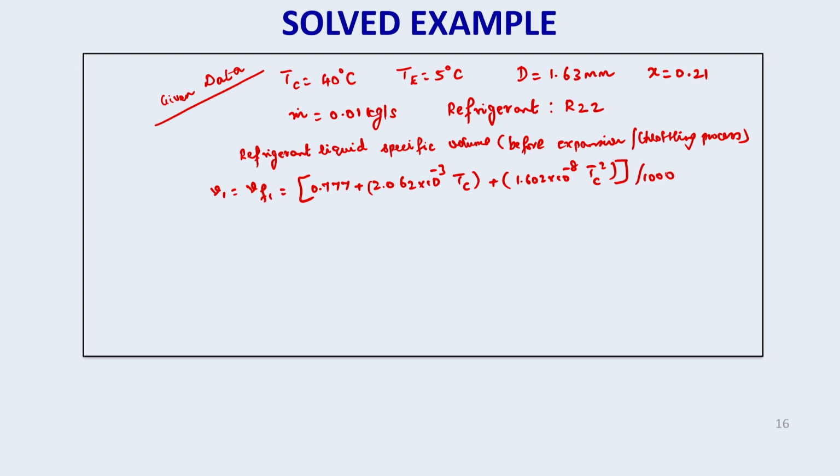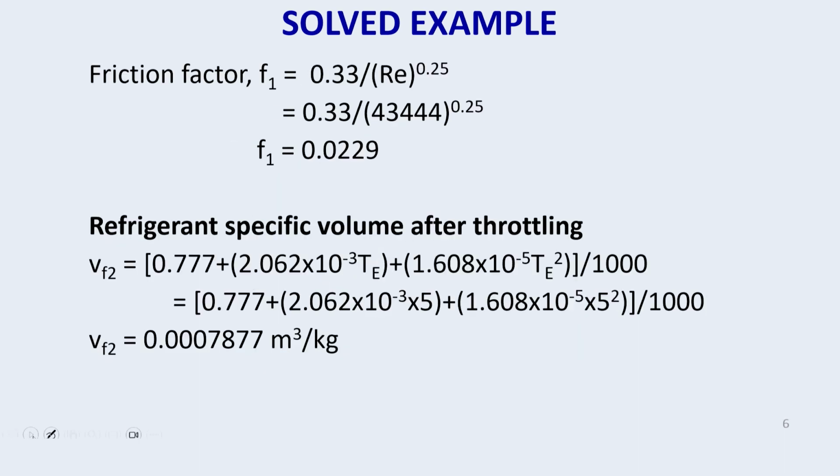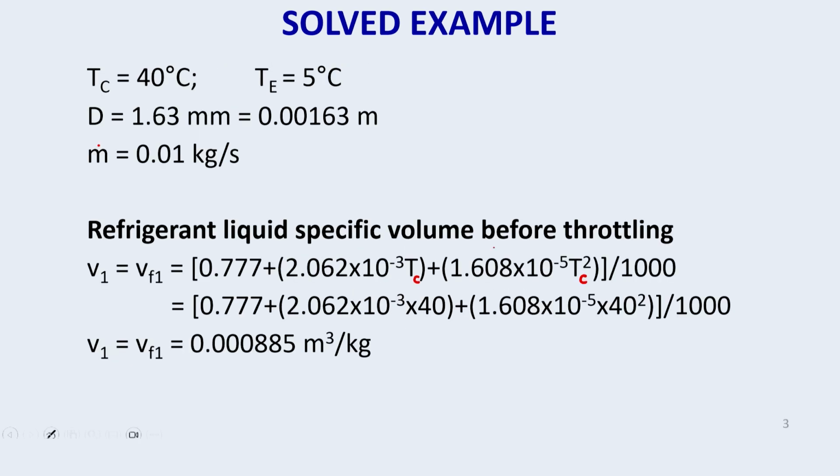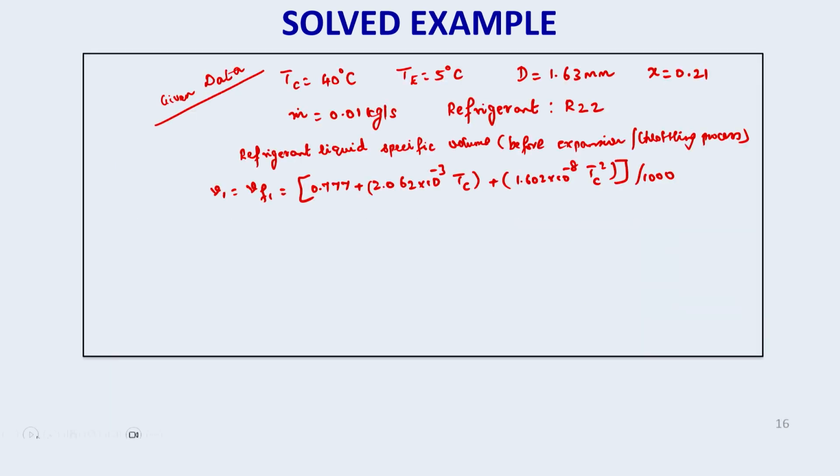Let me check the equation: 1.608 into 10 power minus 5 TC square.